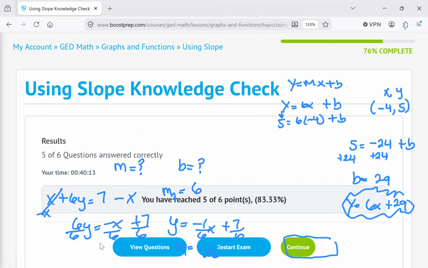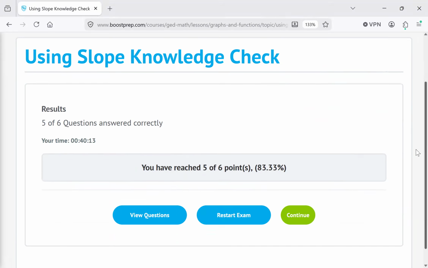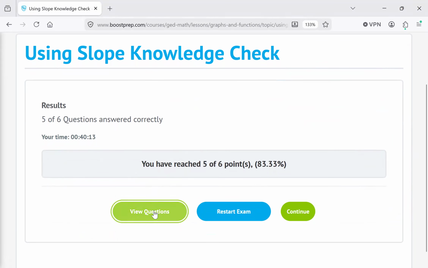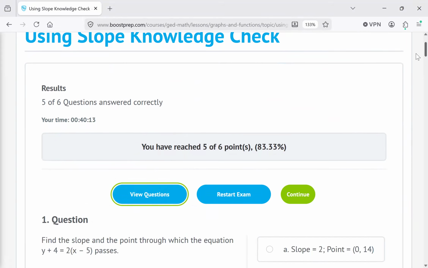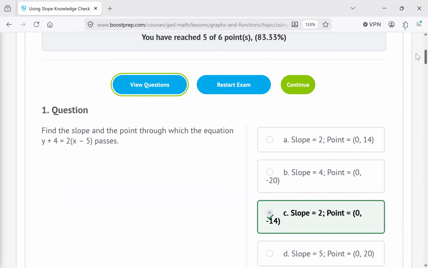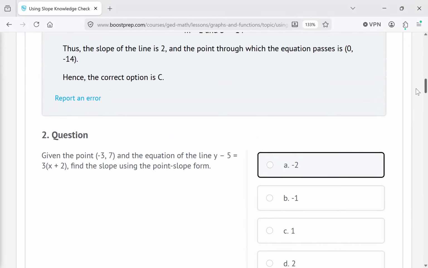Okay, that's the only one we got wrong, so I'm curious how they got this. You got the first one right. It's the second one that's wrong. So let's see what they get.